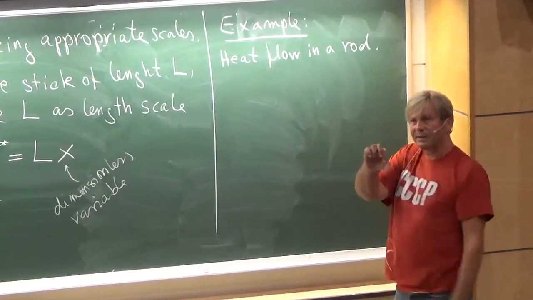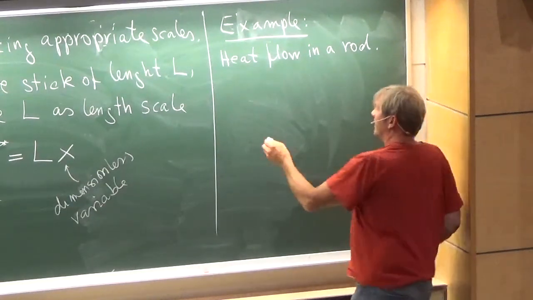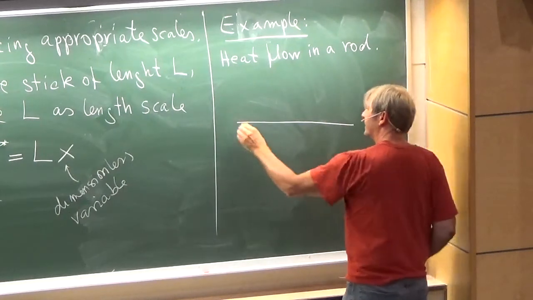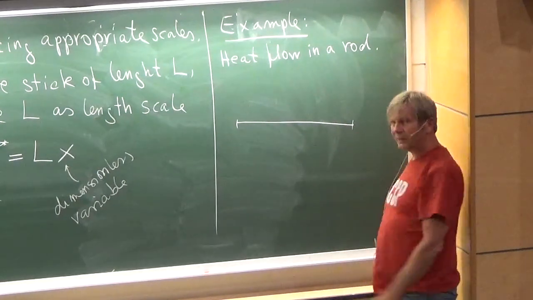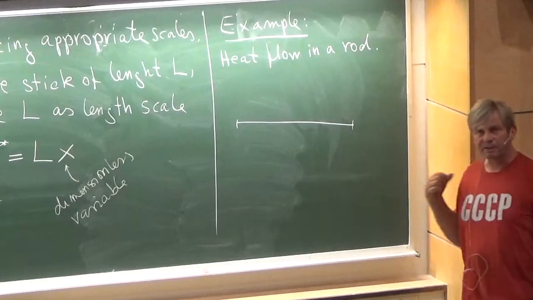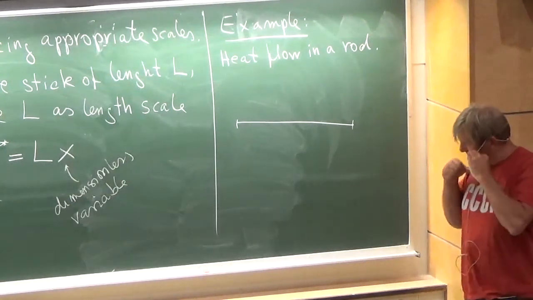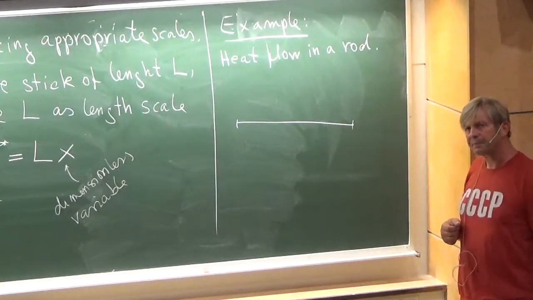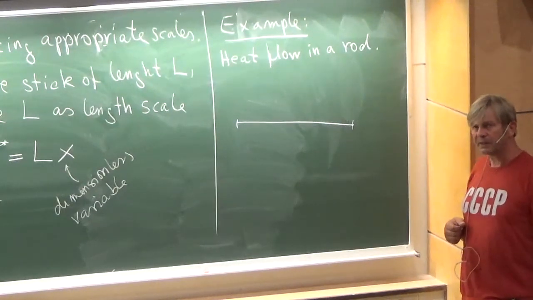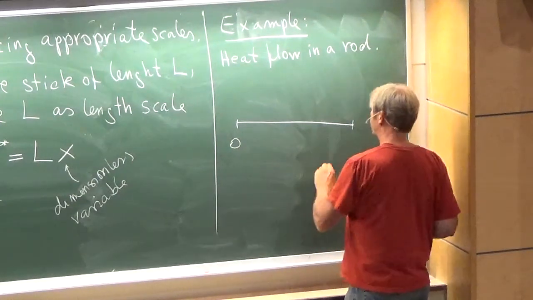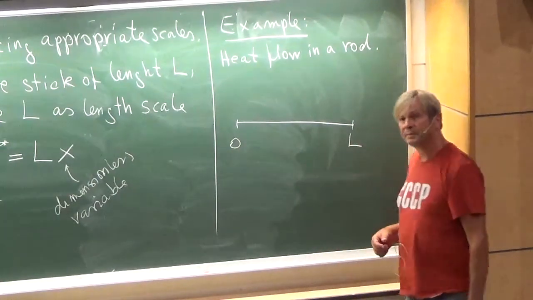It's a one-dimensional thing. We're looking at a boundary value problem now. That means it's a partial differential equation, which you have in Matte 4. It's the heat equation. And we have a rod that has length L.